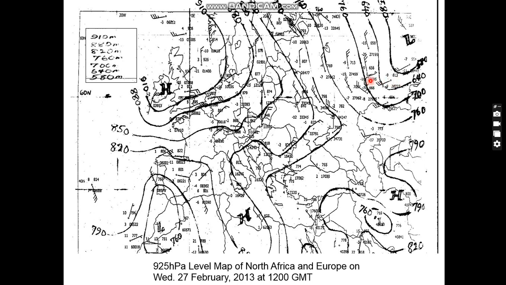This station here is 656. This one here is 556. The one here is 527. So we are to analyze this 925 hectopascal pressure level. The average height is 760 meters, and that's why we have it here.